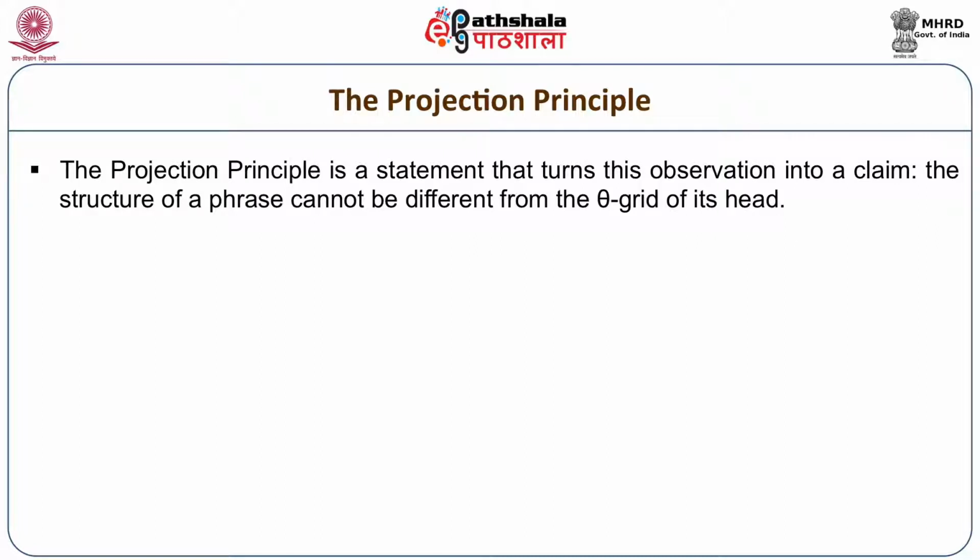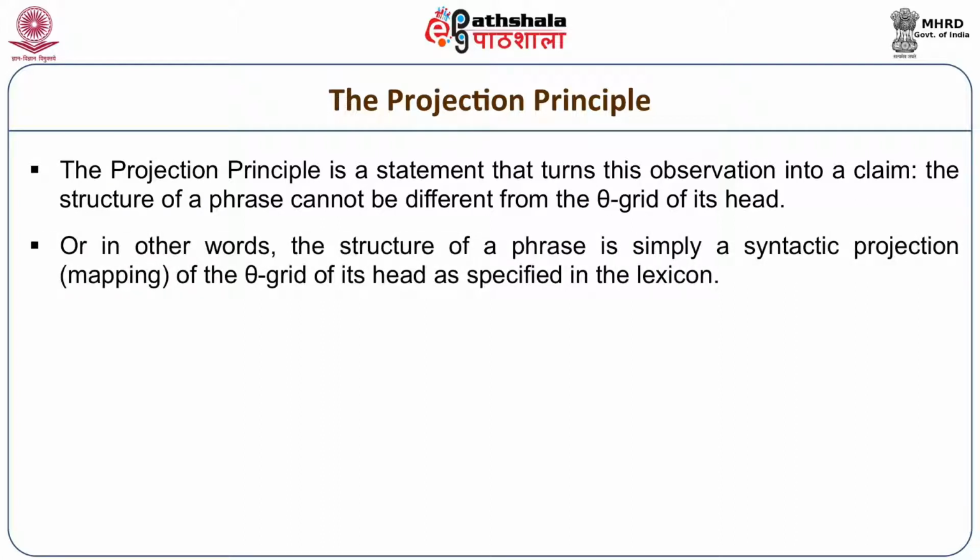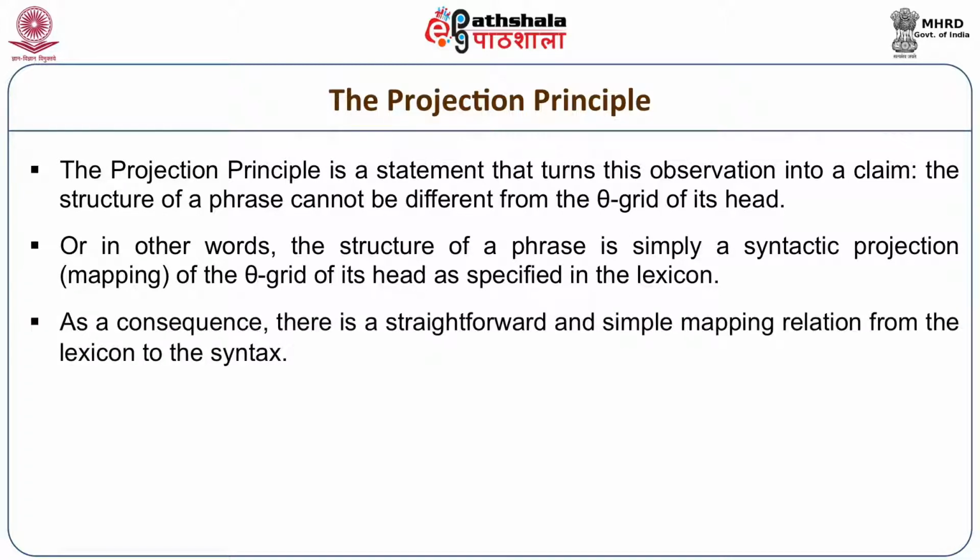For example, as I said, kill takes two arguments, give takes three arguments, and say takes two arguments, one of which is a clause. Now, the claim is that this completely gives us the structure of a verb phrase, or in other words, there is a simple and straightforward mapping from the semantics of a verb to the syntax, the structure of the verb phrase.